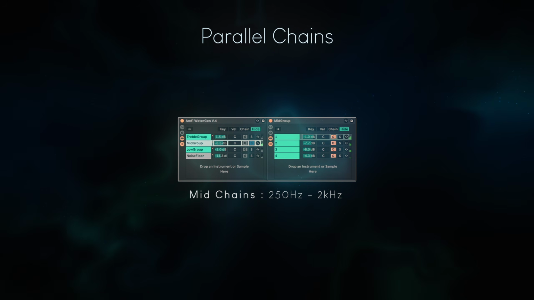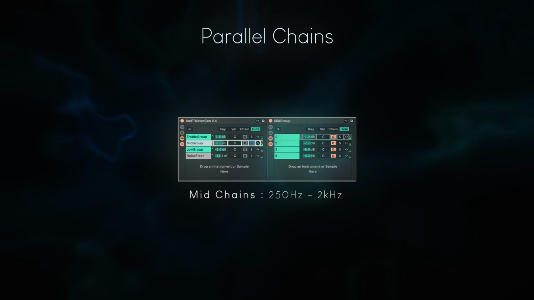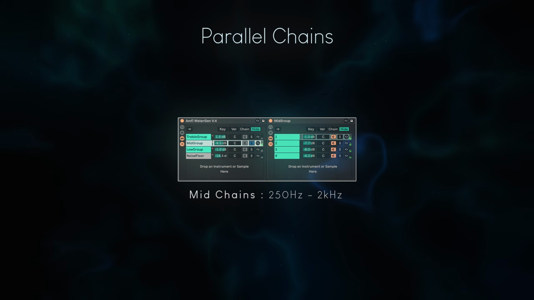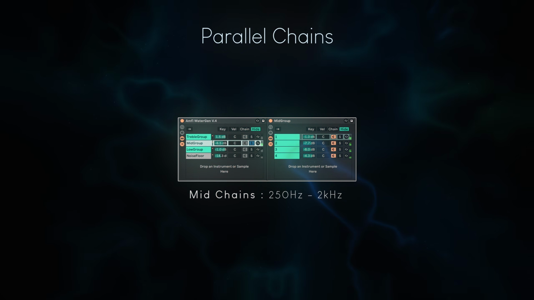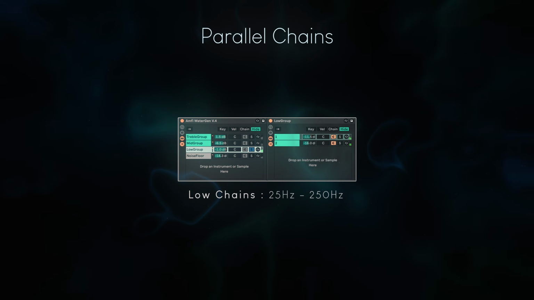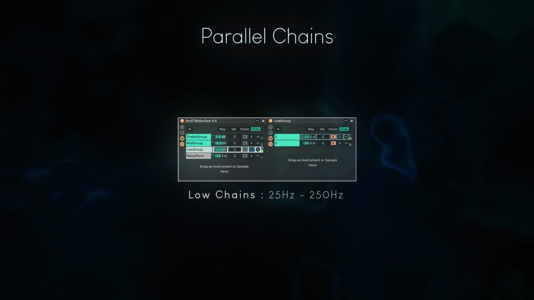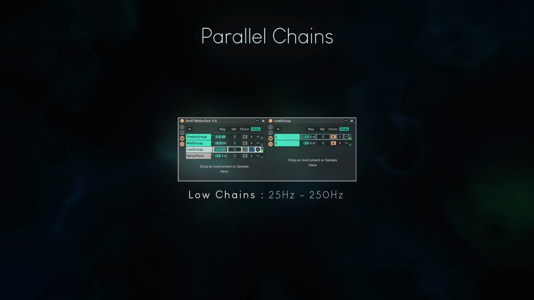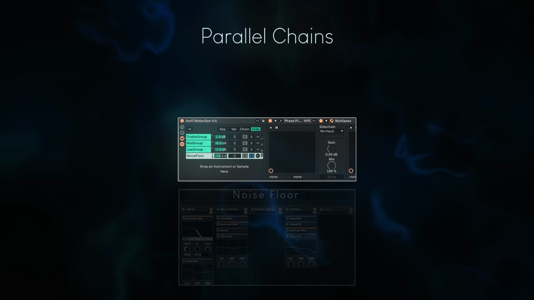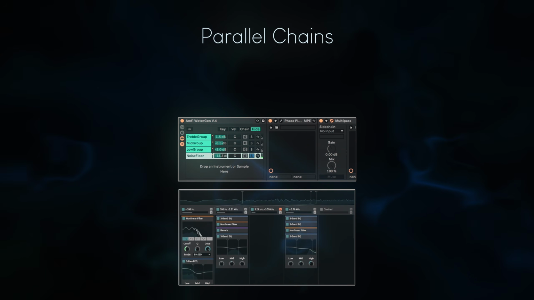The next 4 chains are for the mids, ranging from 250 Hz to 2 kHz. The last 2 chains are for the lows, ranging from 25 Hz to 250 Hz. I technically have a 10th chain, however, this is for background noise.